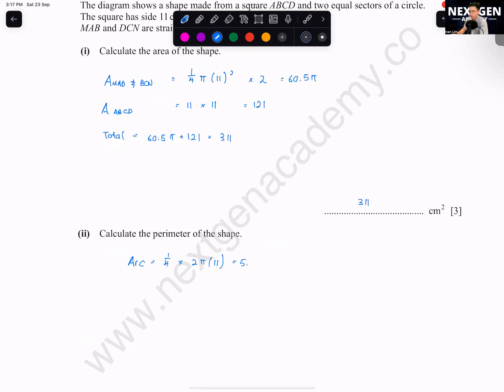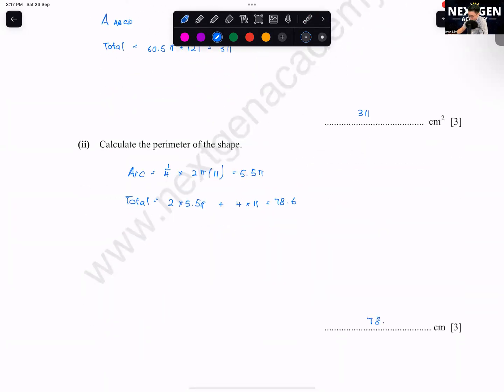So here will be 5.5 pi. This is for one arc. So your total perimeter will be 2 of the arc plus 4 of 11, which you'll get 78.6 cm. Okay, next one.